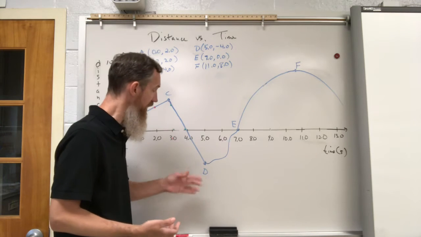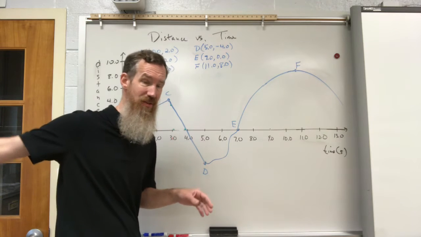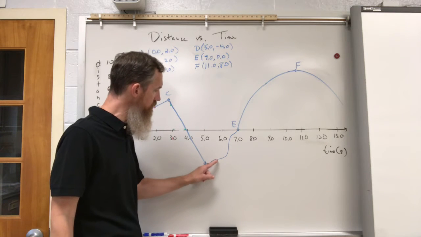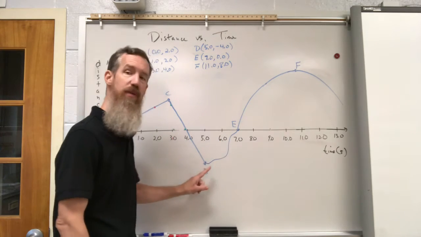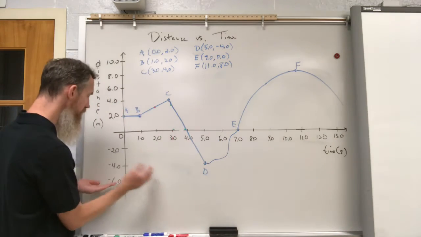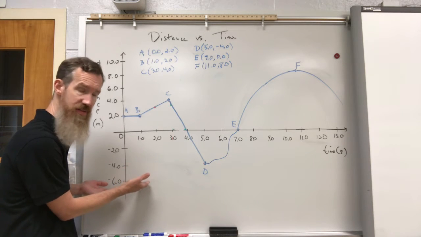motion graph. We have an object that started way behind the origin, so it was behind the 0 line, and it starts to move towards the origin. So it is moving forward, even though it's in the negative portion of the displacement graph.